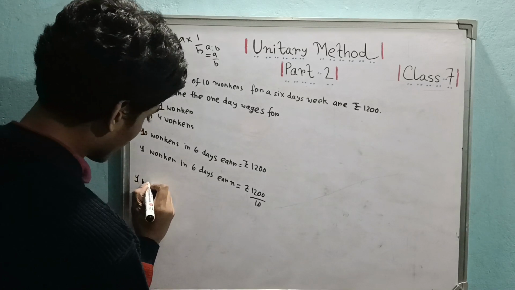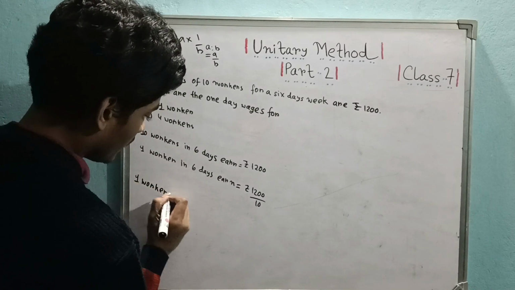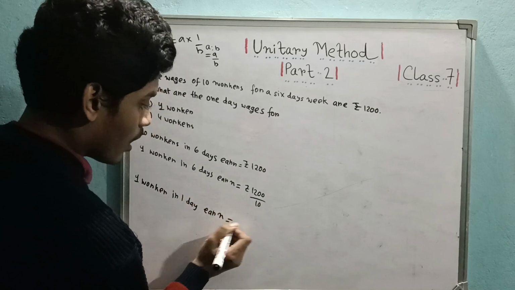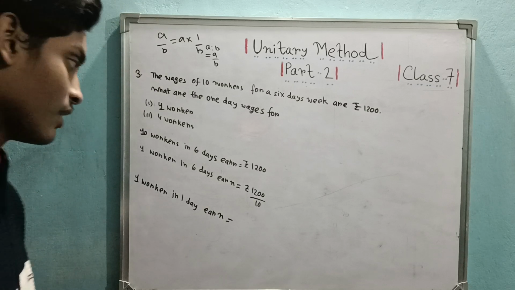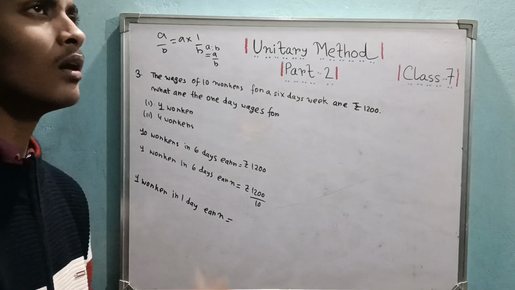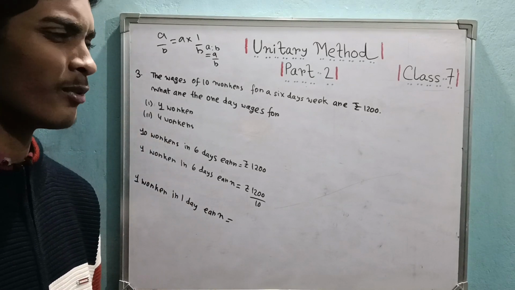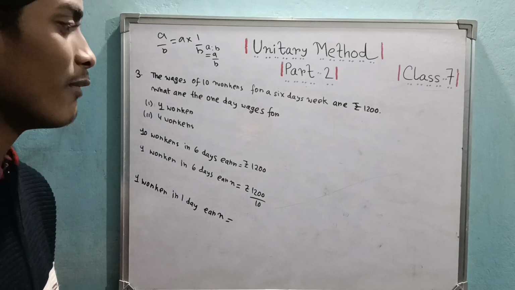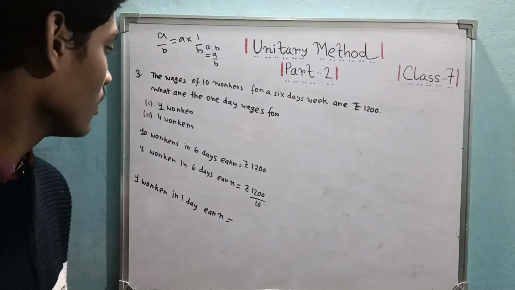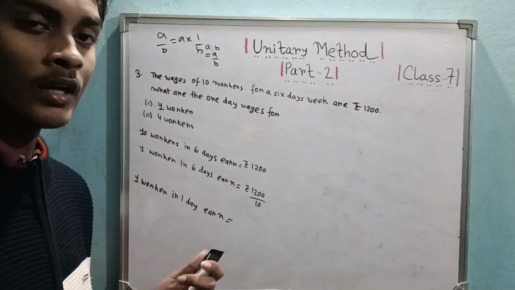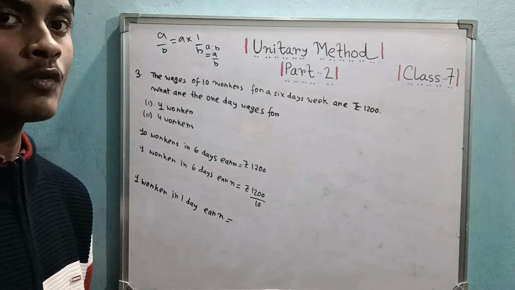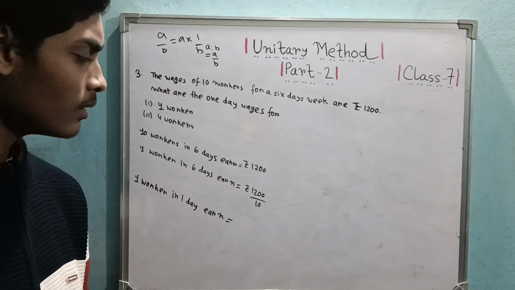Now one worker in one day earns, again, a worker in 6 days will earn some money. Suppose I am an office clerk. I work in an office for 6 days and I will get 4,000. But if I work in the office for only one day, I will get less money.